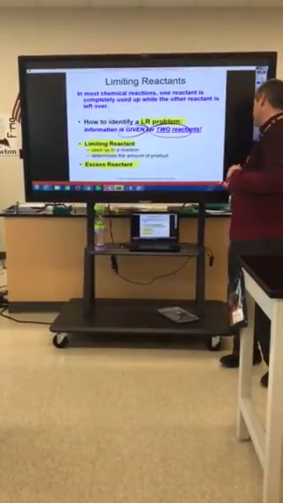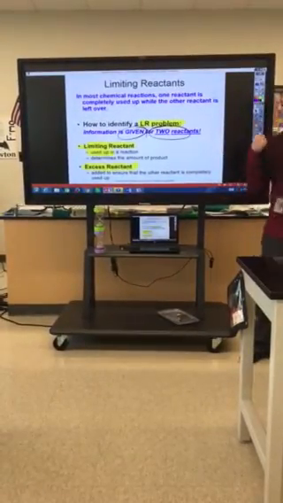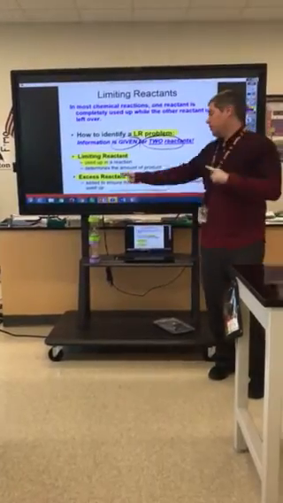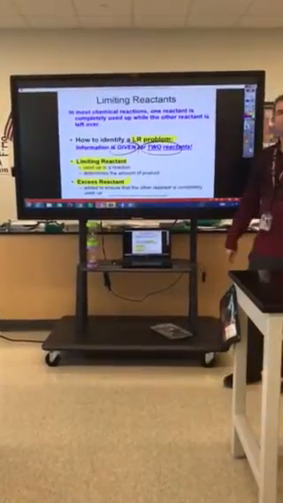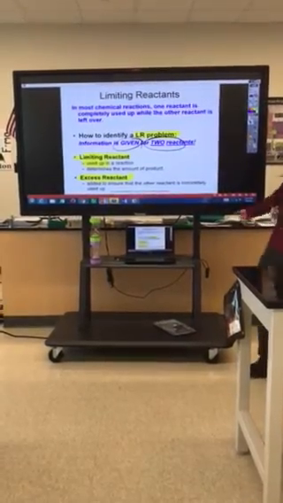Excess reagent: added to ensure that the other reagent is completely used up. This is number 1. Go ahead and write this down, or sorry, type this up and turn it into Google Classroom at the end.